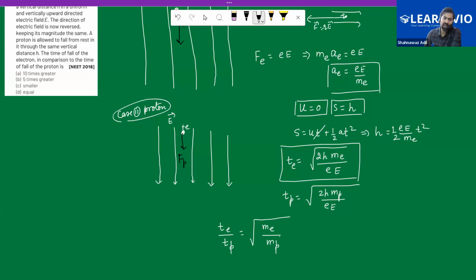Which mass is greater? Yes, the mass of the proton is greater. So the denominator is larger, so this thing would be greater than 1 or less than 1?